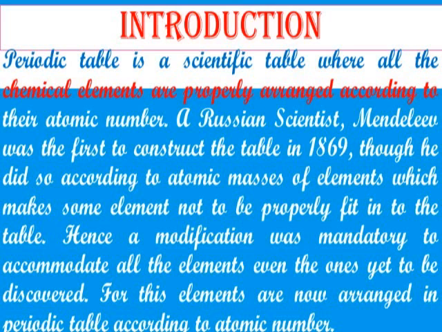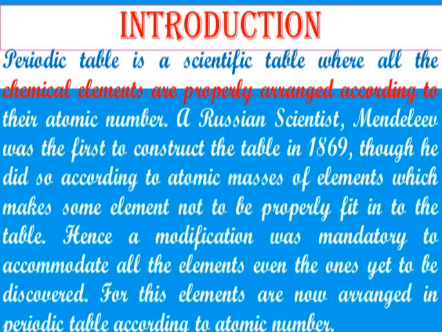Hence, a modification was mandatory to accommodate all the elements, even the ones yet to be discovered. These elements are now arranged in the periodic table according to their atomic number, and that is the concept of the modern periodic law.